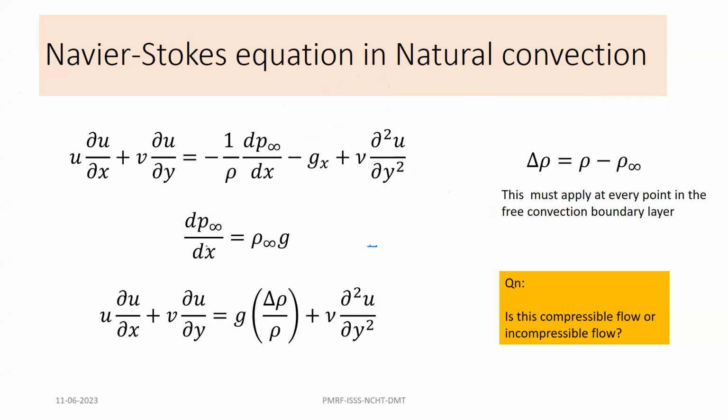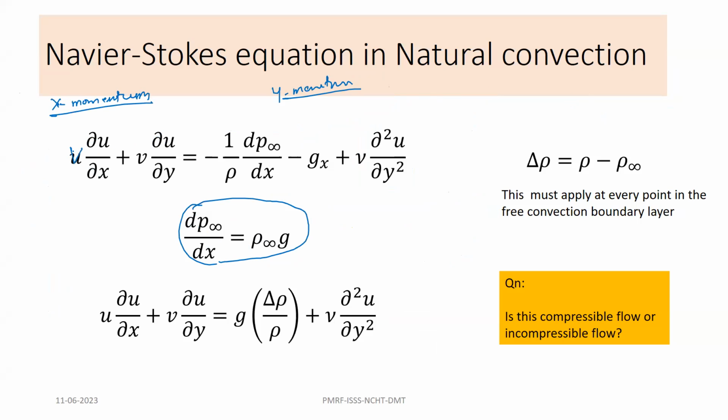So from where do we get this? If you analyze, this is the X momentum equation, right? I have told before, we also have the Y momentum conservation equation. In the Y momentum, what changes will happen? I'll just write over this.